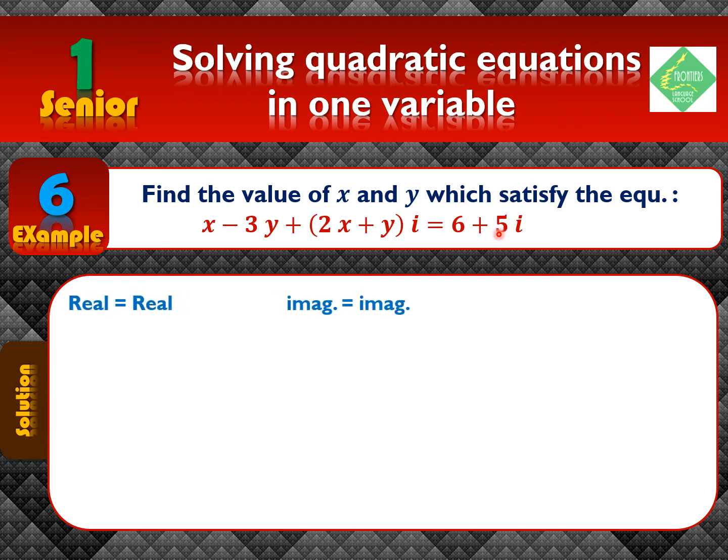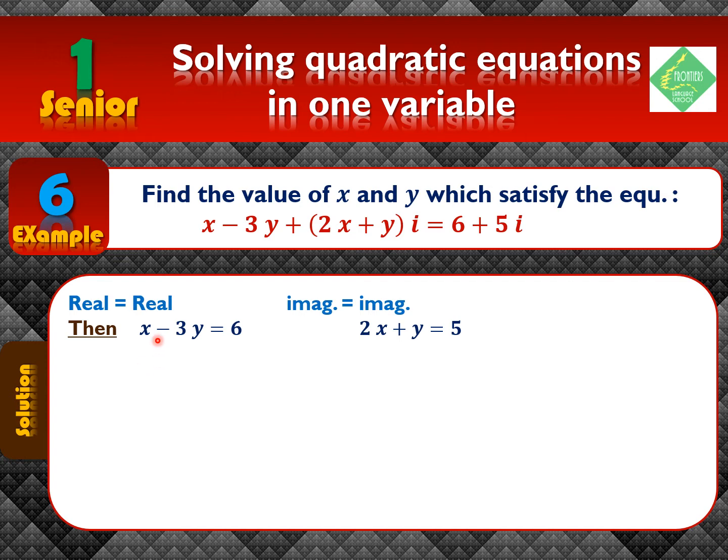So you have to make equation real equal real and imaginary equal imaginary. Then from the left hand side you get real x minus 3y. From the right hand side you get the real part which is 6. And what about the imaginary part? Imaginary part from the left hand side is 2x plus y. Imaginary part from the right hand side is 5.